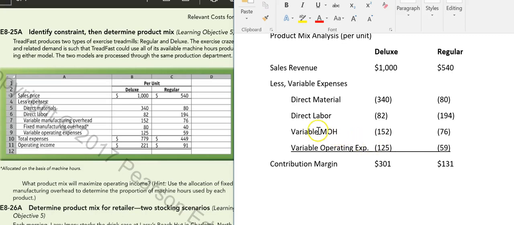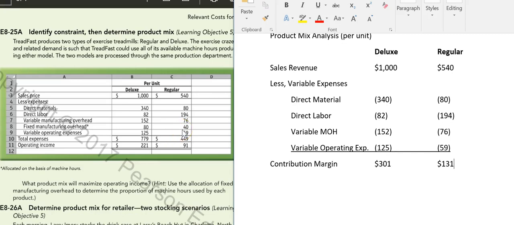From the given information, whatever the number of machine hours, the number of deluxe models you produce will be half of your regular models.